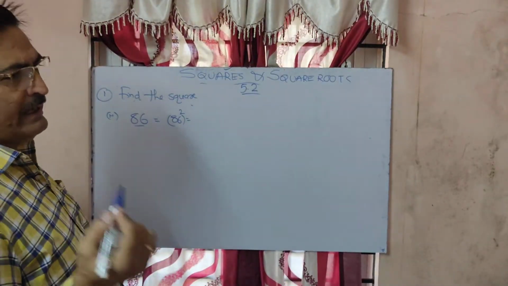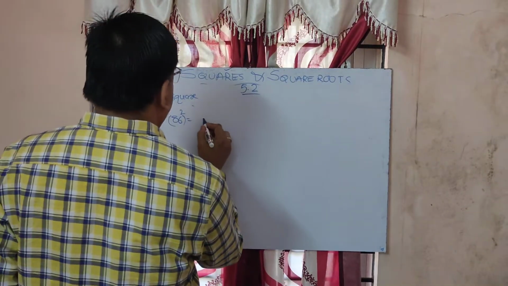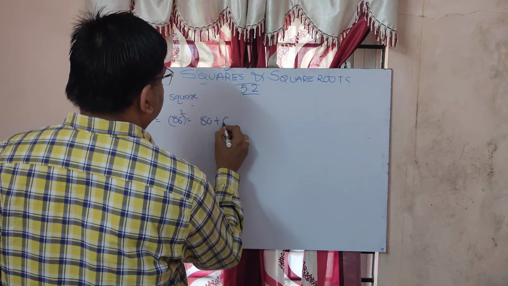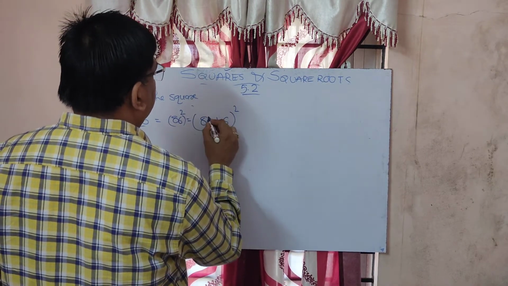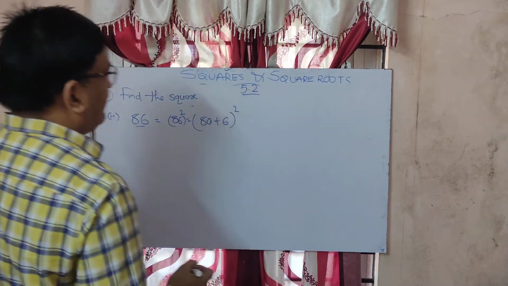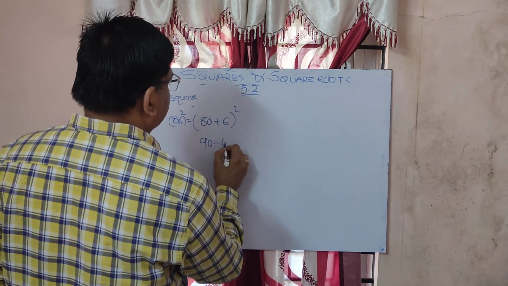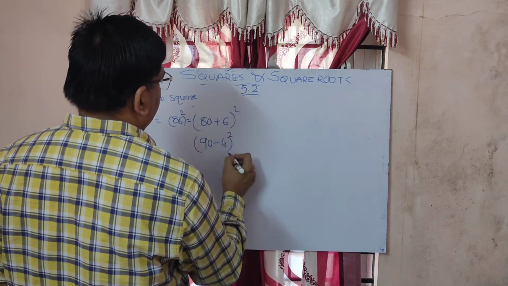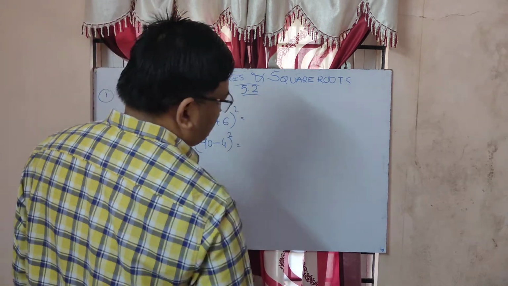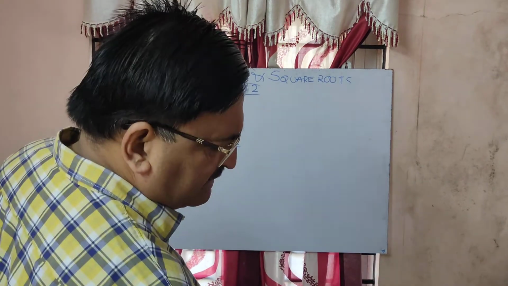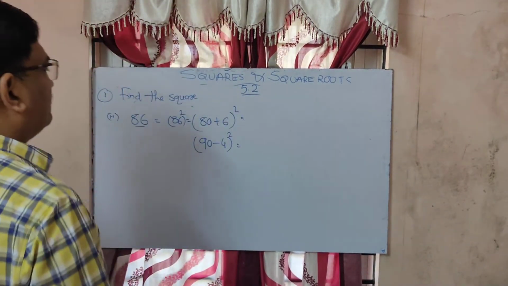You have to find the square now. So you can write 80 plus 6 whole square. Or you can even say 90 minus 4. Both the things are correct. Whichever you feel, and you need to remember the formula also.